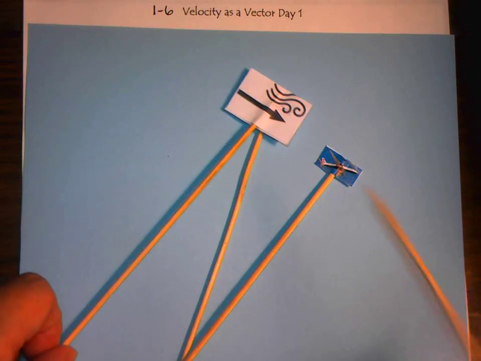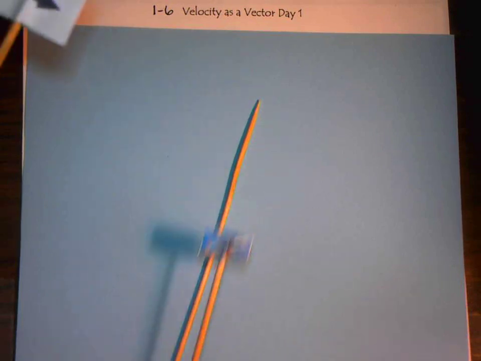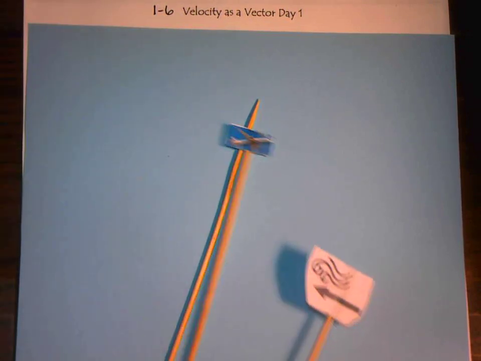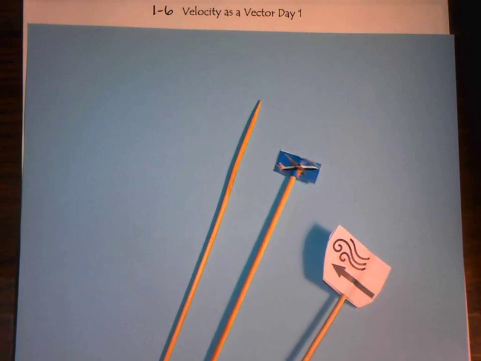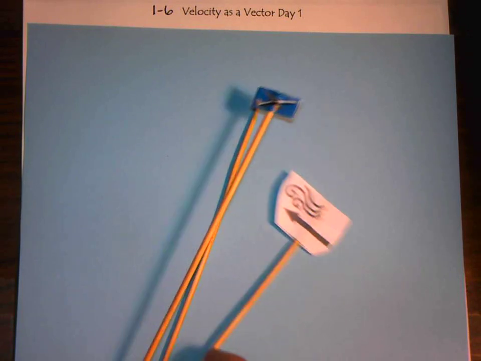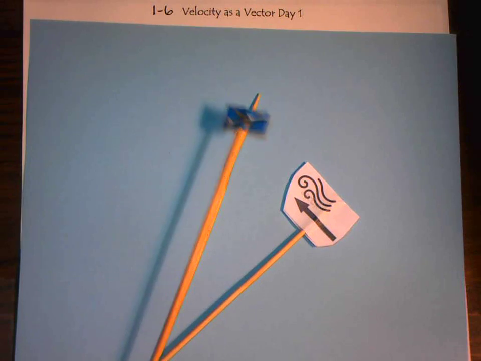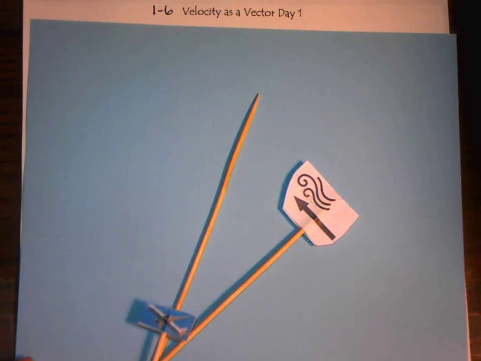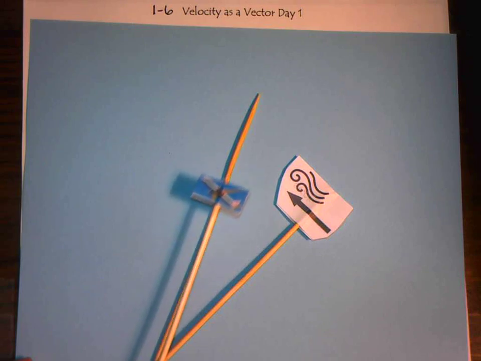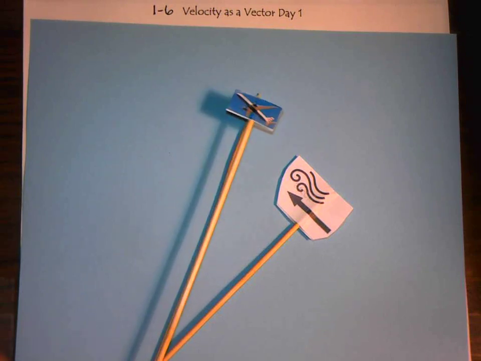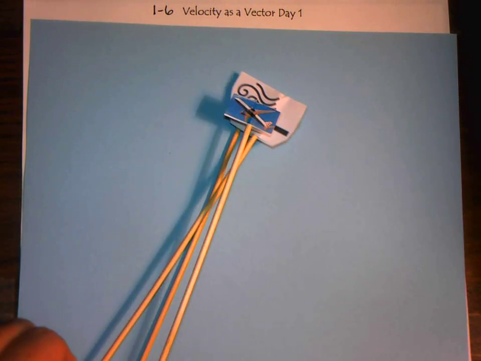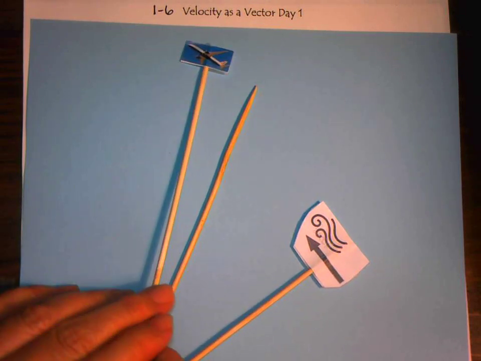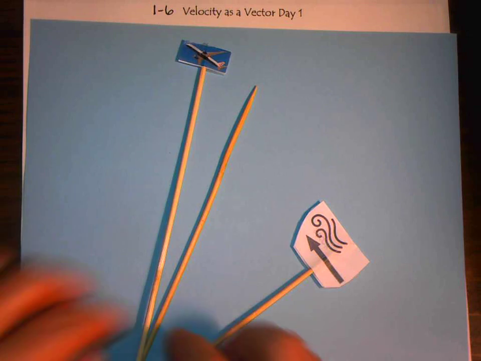Now we could have the plane going like this, and let's say there was a wind acting this way this time. So if your wind is pushing it this way, then your plane, instead of flying like this, will have the wind acting upon it and will instead be going this way after the influence of the wind.